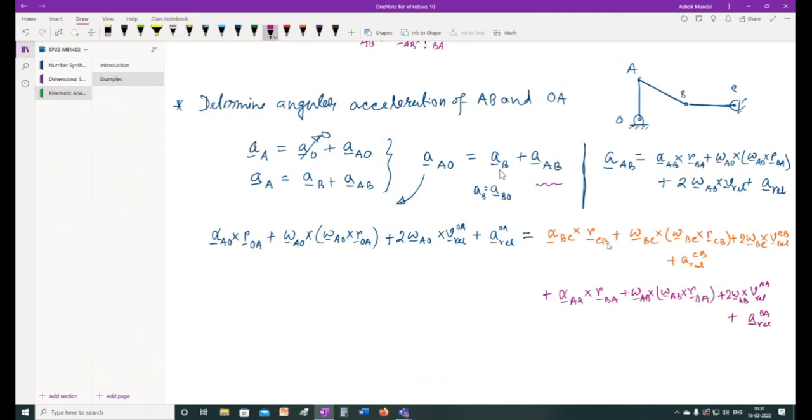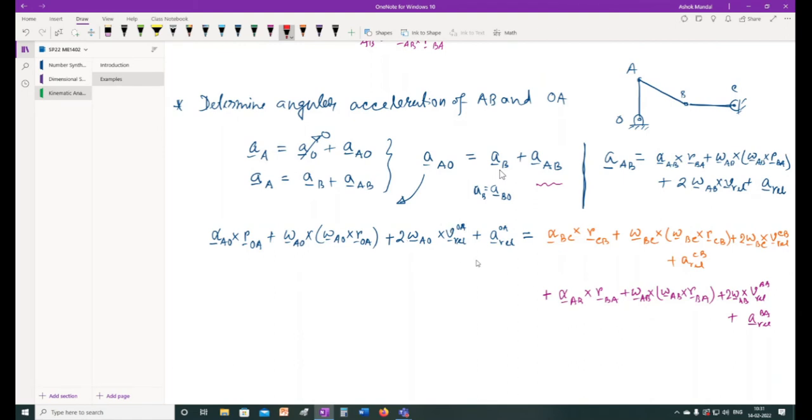Let us now see which components are not relevant to this case. Look at the left hand side. Is this relevant to this case? Yes, because there can be some angular acceleration, it is non-zero. So this is valid. Is this valid or not?